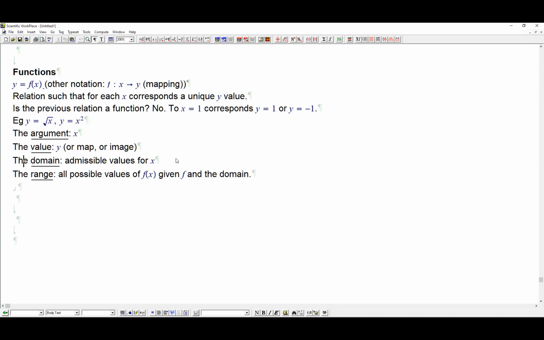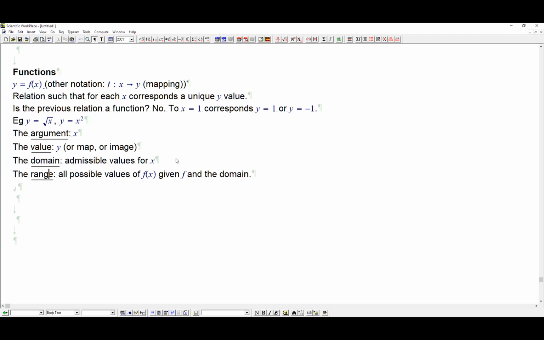So here the domain, I can constrain it or not. For instance, if I only consider the reals, then the admissible domain could be positive values for x, but I could also say, oh, I consider just x values equal or larger than 1, for instance. So I could choose to describe my function this way.